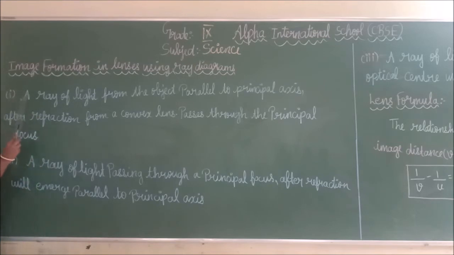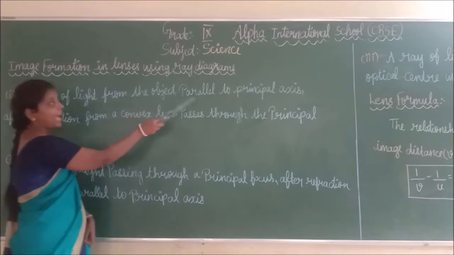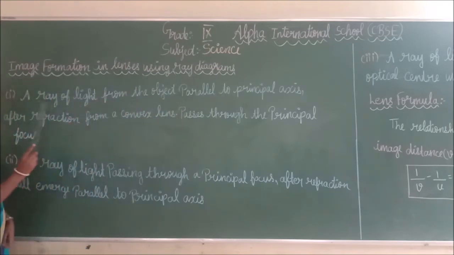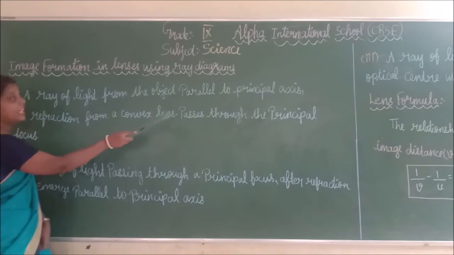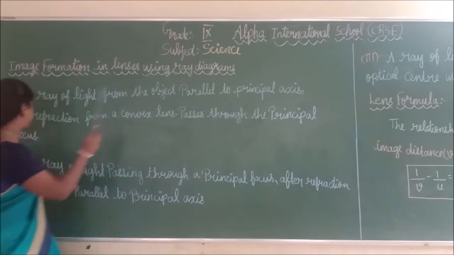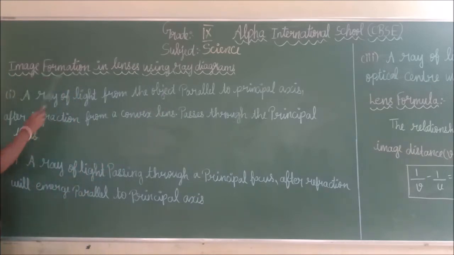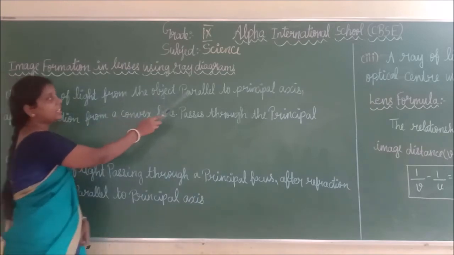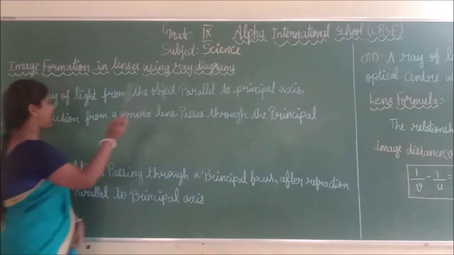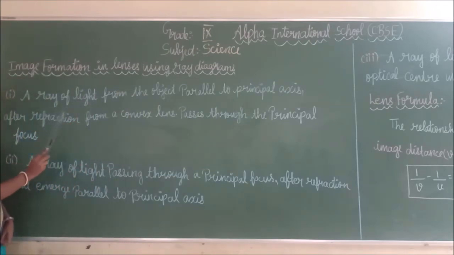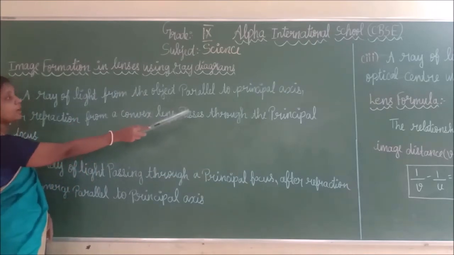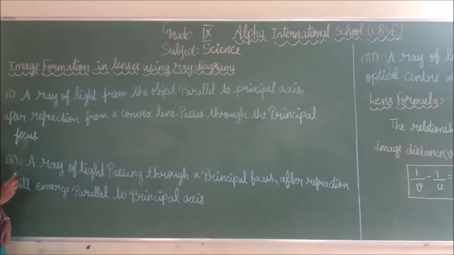First rule: a ray of light from the object parallel to the principal axis, after refraction through a convex lens, will pass through the principal focus. Do you understand, students? This is the first rule.